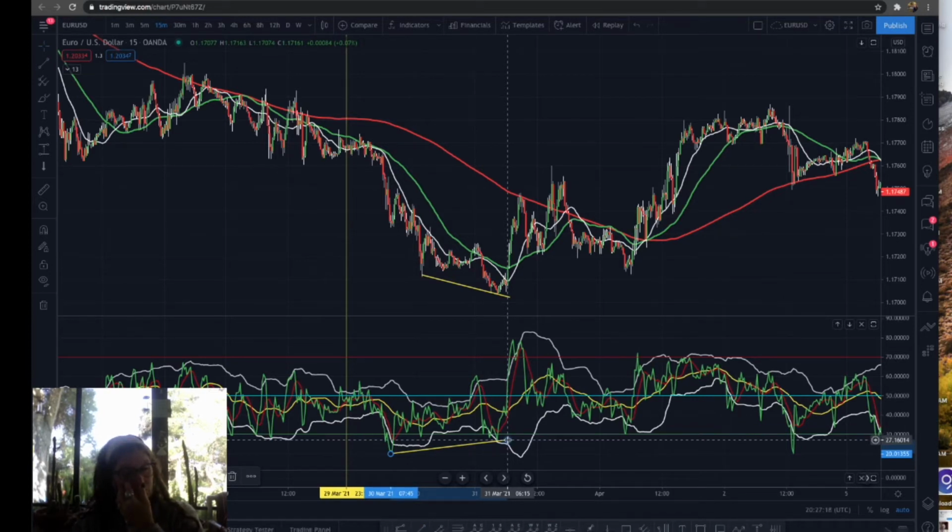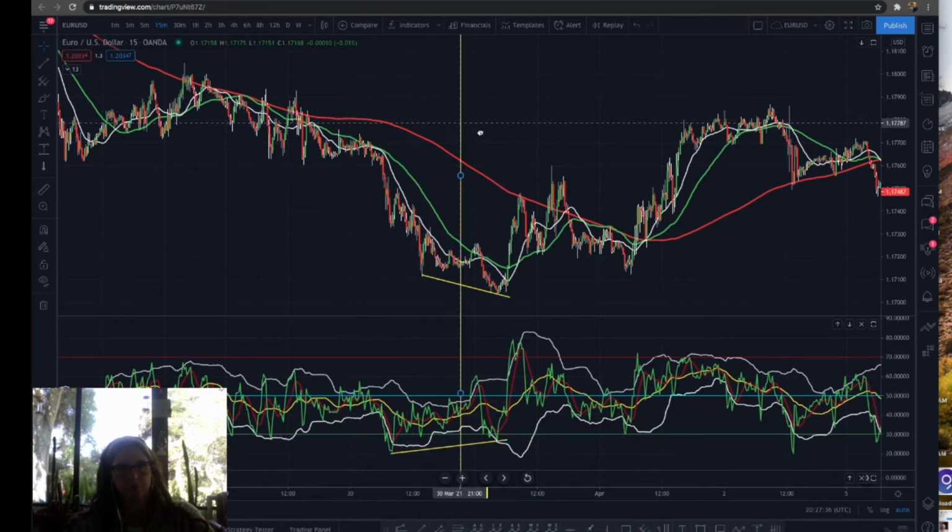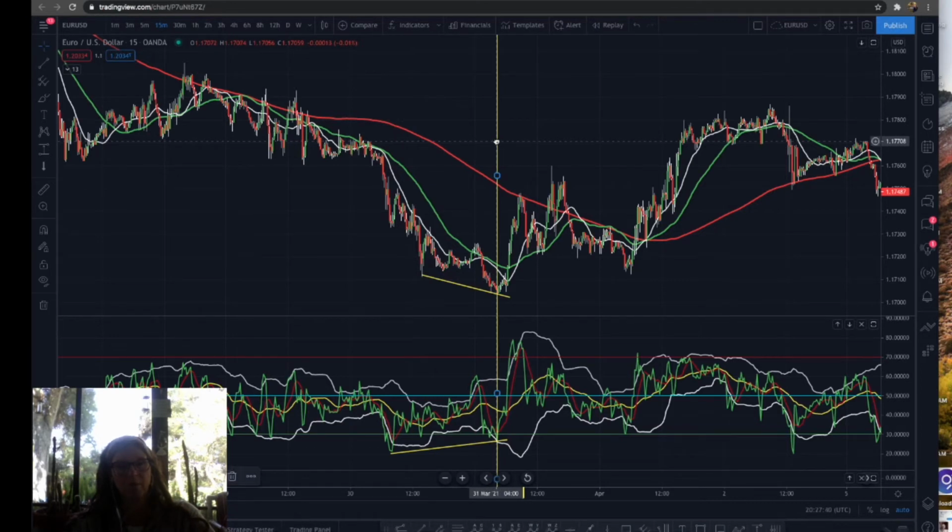The 3 rules that we must have: below 30, out of the band, and then divergence. So this is our entry. Stop loss based on your risk to reward.